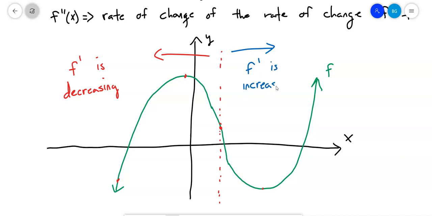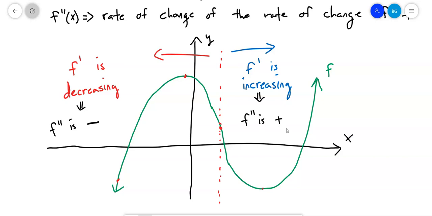So when I think about a second derivative, it's really telling me where the derivative is decreasing or where the derivative is increasing. So what this means for my second derivative: if f prime is decreasing, that means f double prime is negative, and if f prime is increasing, f double prime is positive.